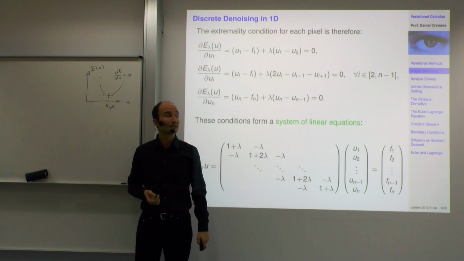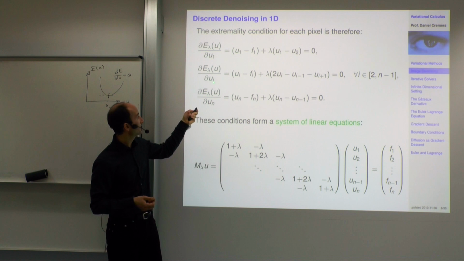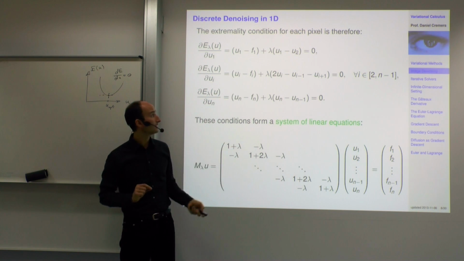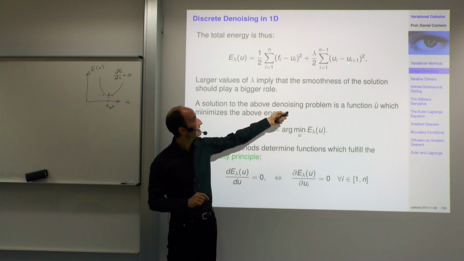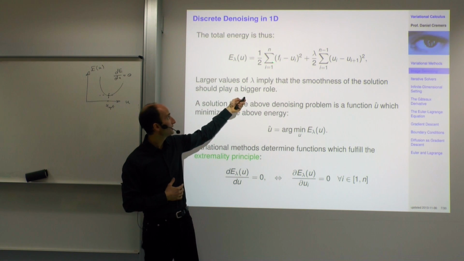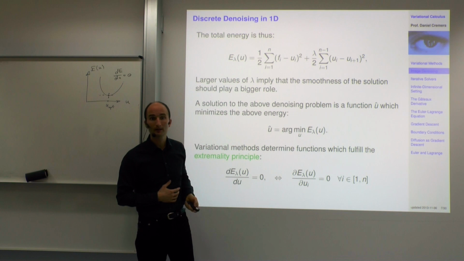So this is the first equation, dE by du1 is 0. Similarly, you can take derivatives dE by dui for the inner pixels, 2 to n minus 1, and you get one additional term. Why is that? Let's look at where u2 appears. It appears in the second term of the sum, (f2 minus u2) squared.